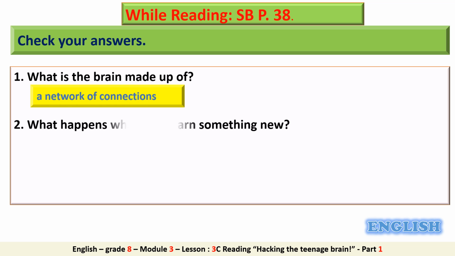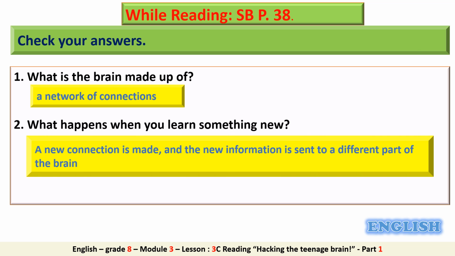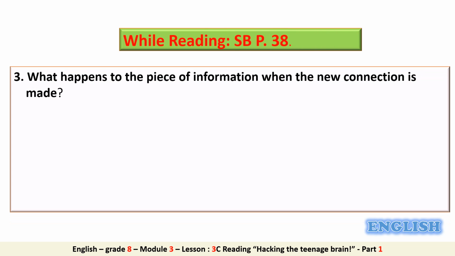2. What happens when you learn something new? Well, when we learn something new, a new connection is made, and the new information is sent to a different part of the brain. 3. What happens to the piece of information when the new connection is made?